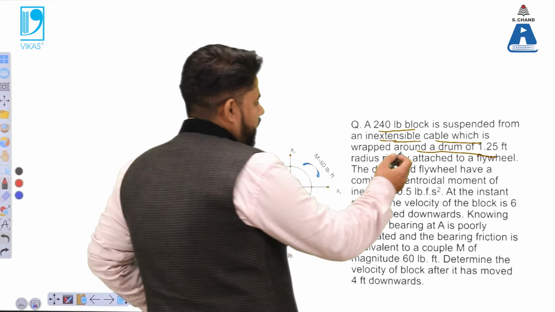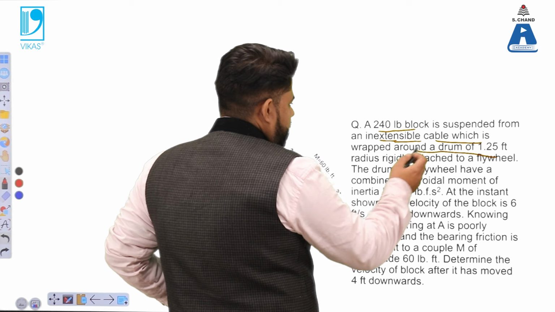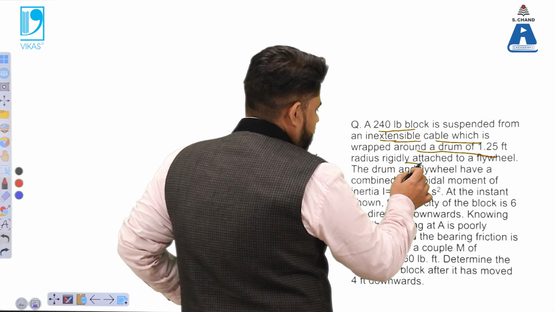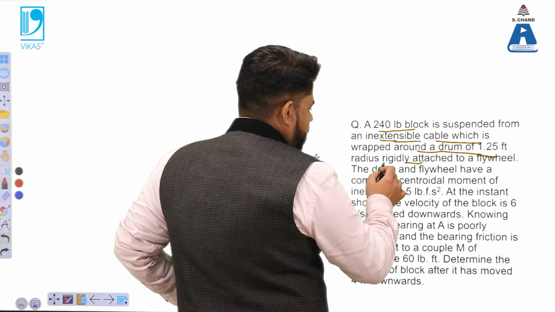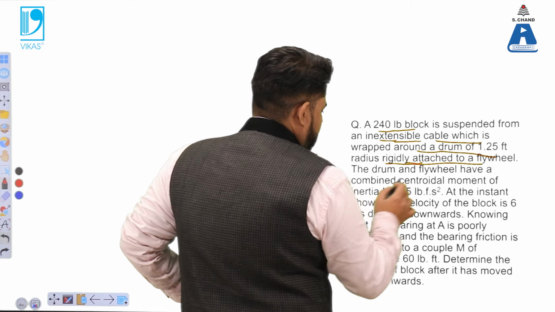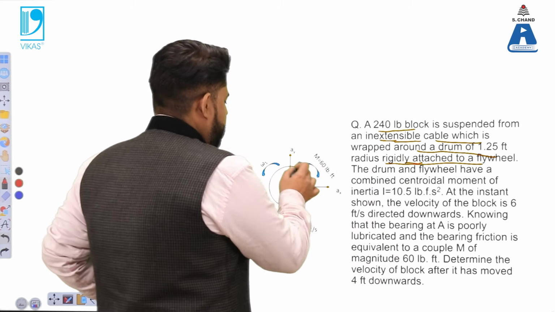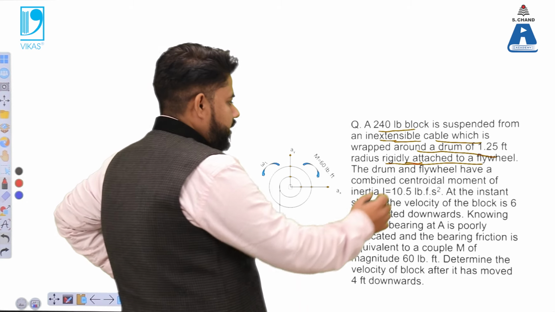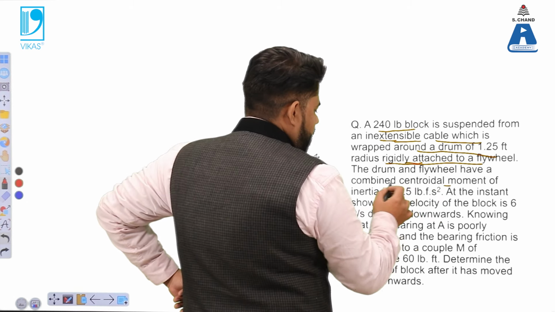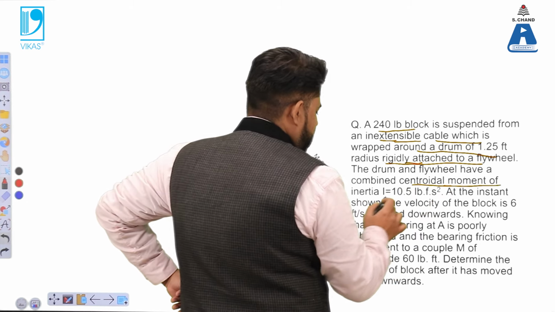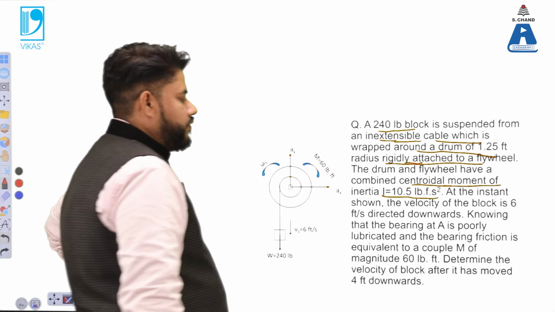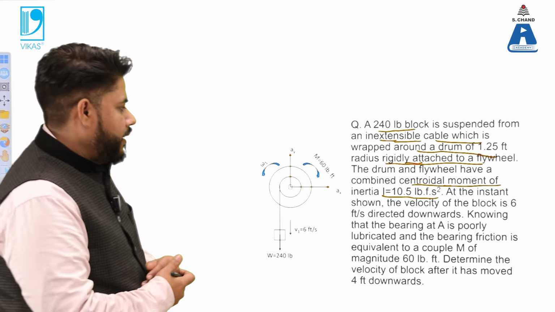So there is a cable which is wrapped around a drum, and the drum is attached to the flywheel, and the drum and the flywheel will have this combined centroidal moment of inertia as 10.5 pound-feet second square.